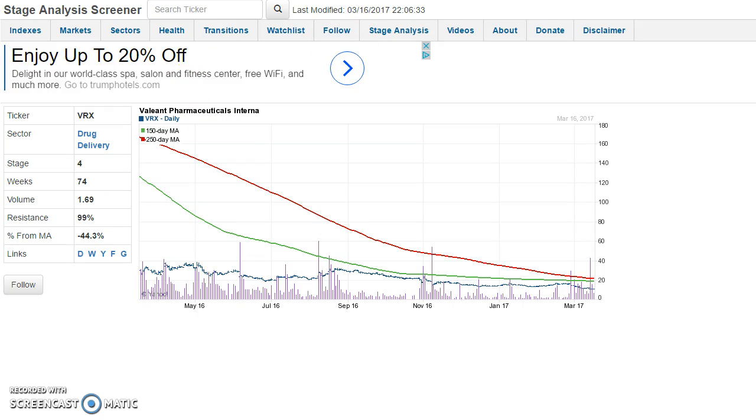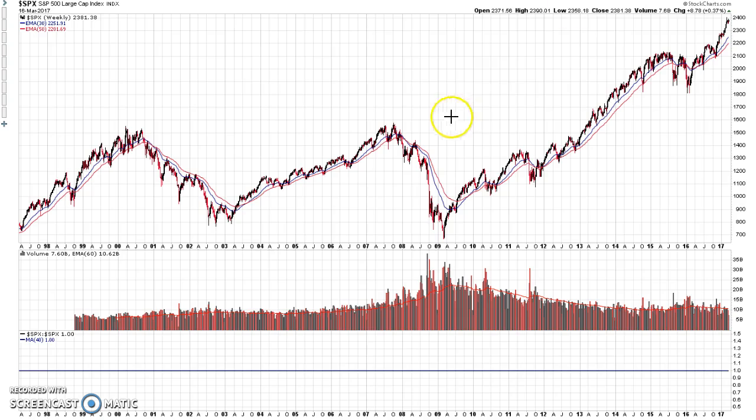And one last thing to note is that, like I said, getting out of markets before they go into stage 4 is what helps you avoid major bear markets. Looking at the S&P 500, you can see the two major bear markets in 2000 to 2002, and then obviously the financial collapse in 2008.